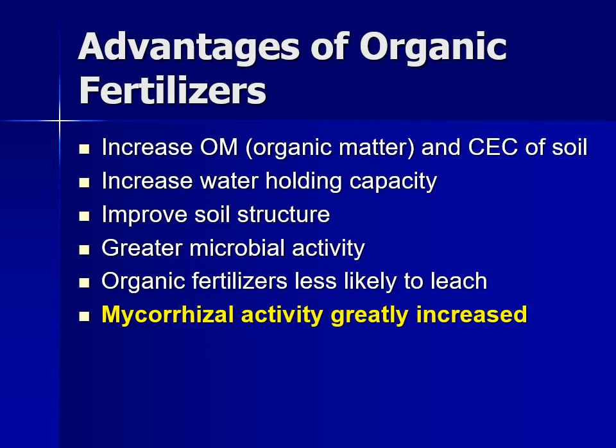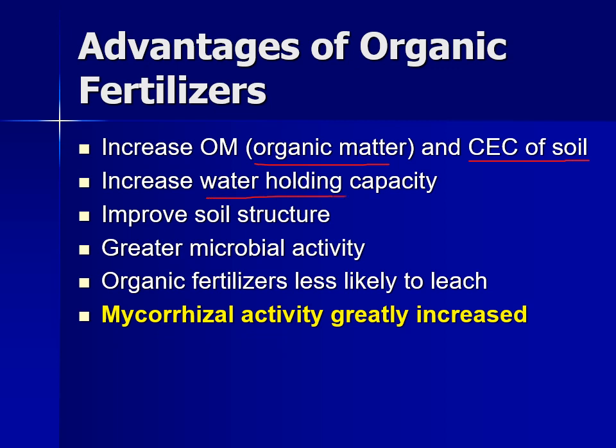We discussed the advantages of organic fertilizers, right? So when you feed organic fertilizers, yes, in that previous slide, the glutamine, the plant is only getting two nitrogens, but the other materials end up enhancing the organic matter content, which boosts cation exchange capacity in soil.